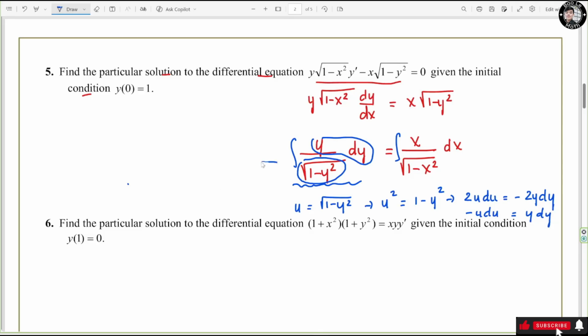So y dy is negative u du. So I have negative u du over u. This becomes negative the integral of du, and it's going to be negative u plus c.